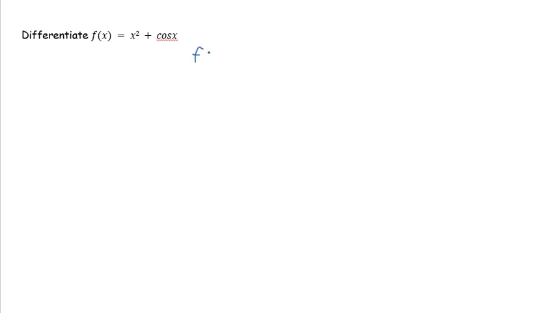But again, if we're going to work out f dashed of x, we first start off with our definition of the derivative. So the limit as h tends to 0 of f of x plus h minus f of x all over h.